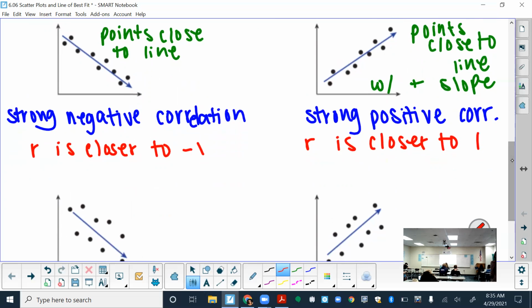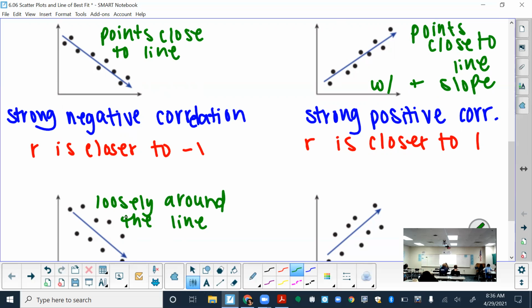All right. Now the bottom left one, would you say that the points are close to the line? Not as much as these ones up here, right? So I would say that they're loosely surrounding the line. So loosely around the line. And how would you describe the slope of this one? Negative.